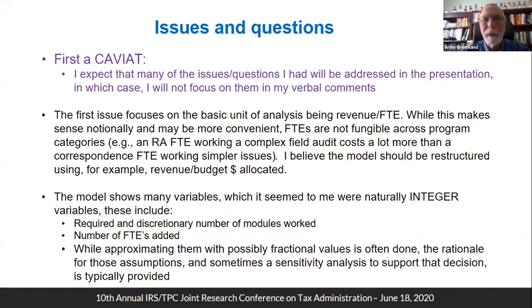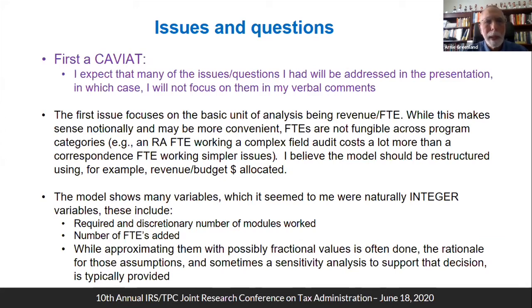It's convenient, but FTEs are not fungible across program categories. So an RA FTE working a complex field audit is not really the same as a correspondence FTE. So maybe thinking about revenue per budgeted dollar makes a bit more sense in terms of getting the right, if you will, decision metrics.